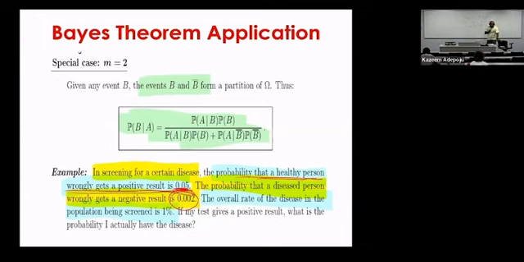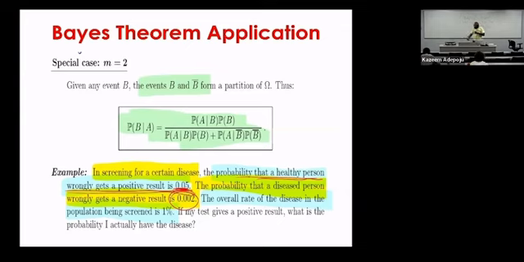Now let me tell you this. Somebody asked an intelligent question yesterday: why do I call this one the total probability? Of course, if this is a probability, the denominator of a probability should be the sample space. It should be total.